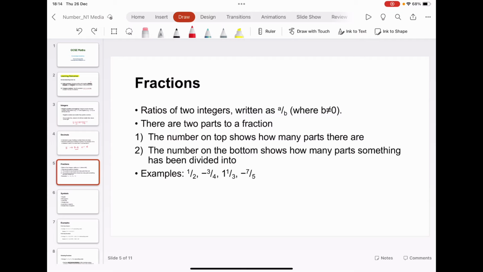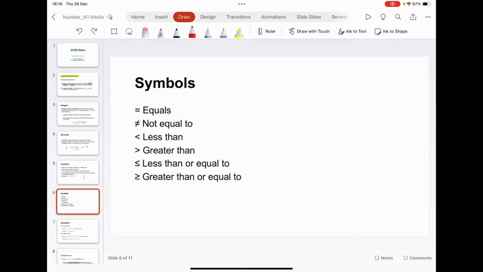The top number shows how many parts there are, and the bottom number shows how many parts something has been divided into. An example of fractions is 1 over 2, or -3 over 4, or 1 over 3, or -7 over 5.